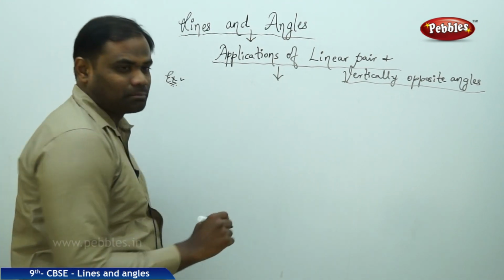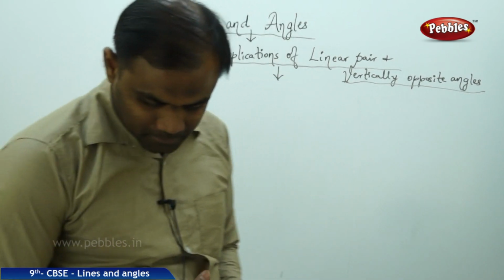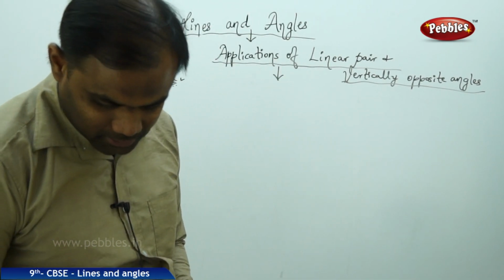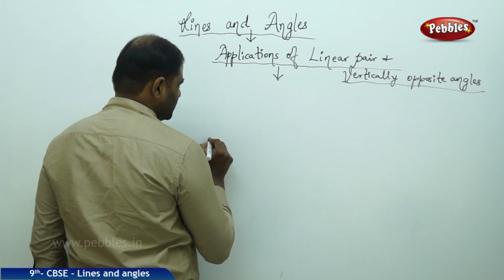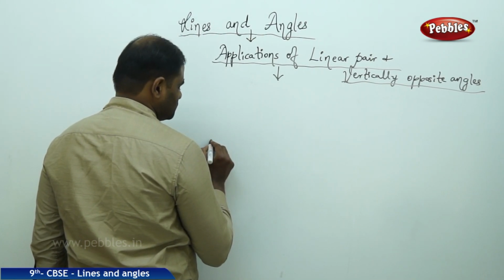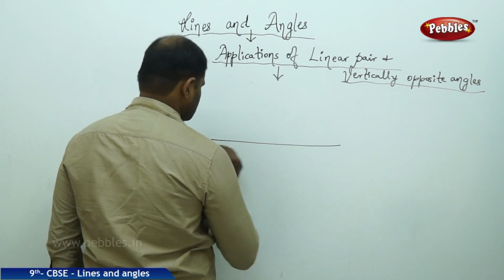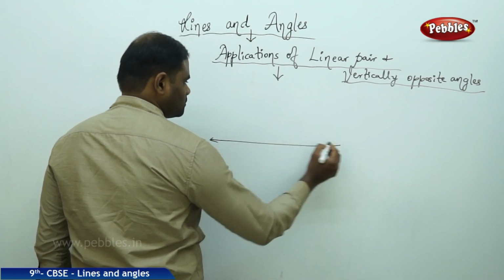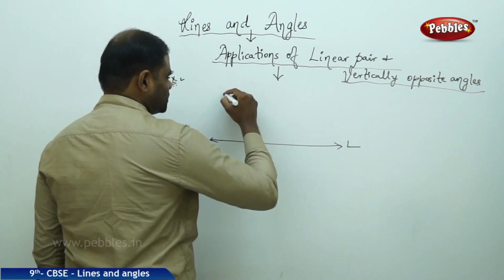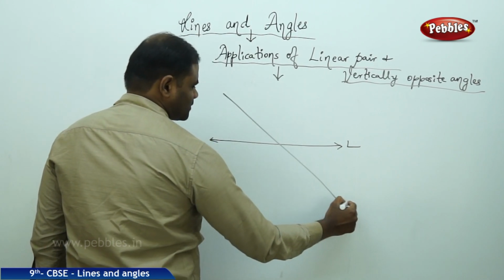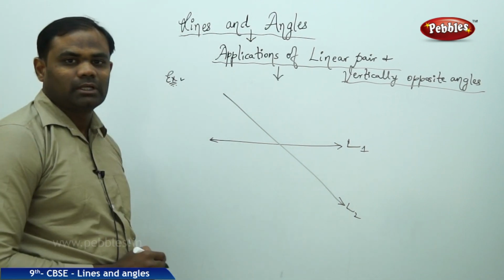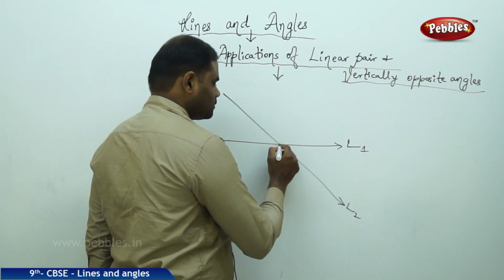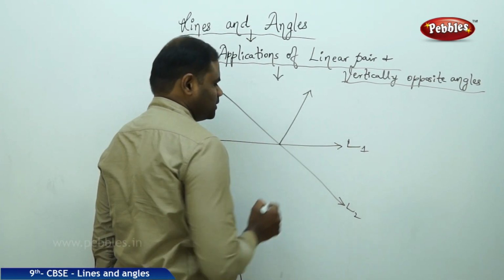Imagine I have a problem which says ABC is a triangle. Say for example, I have a line L1 which intersects another line L2, and there is a ray passing by here.